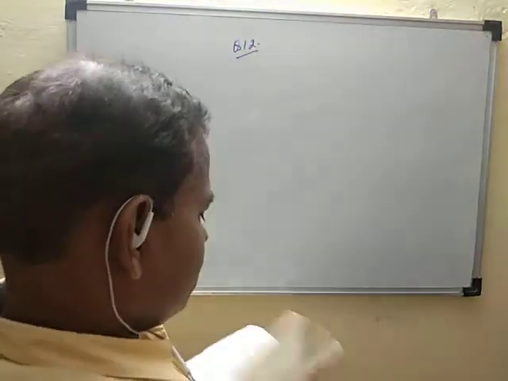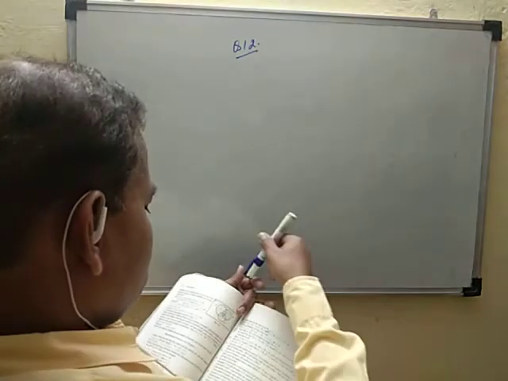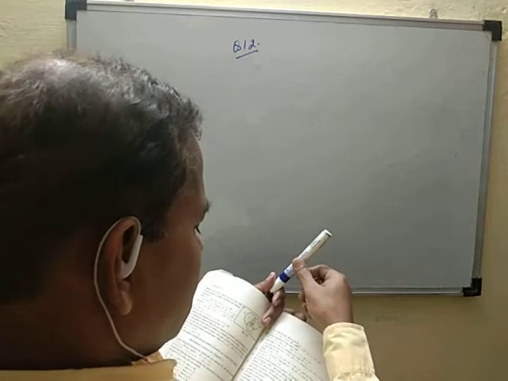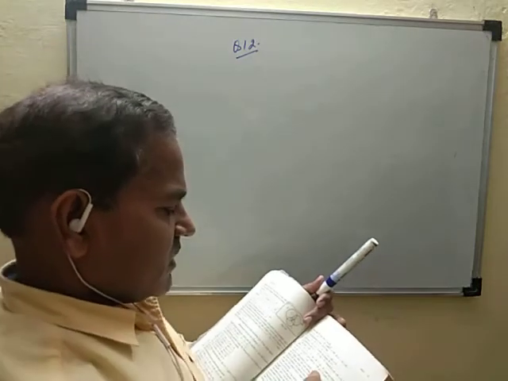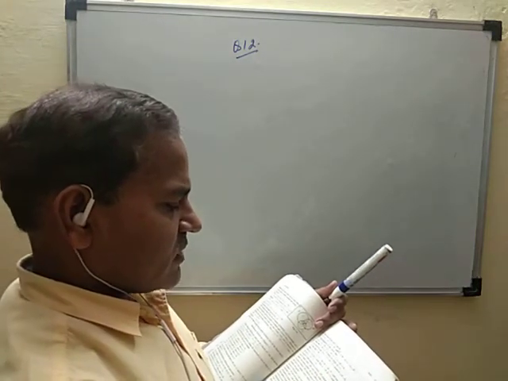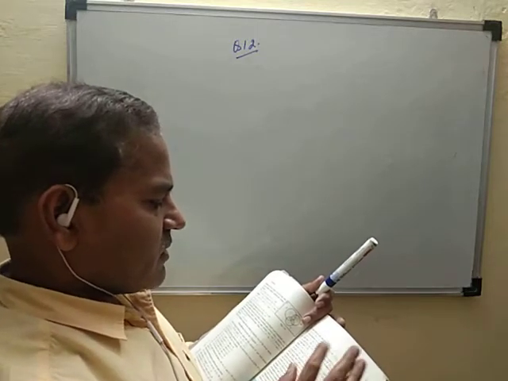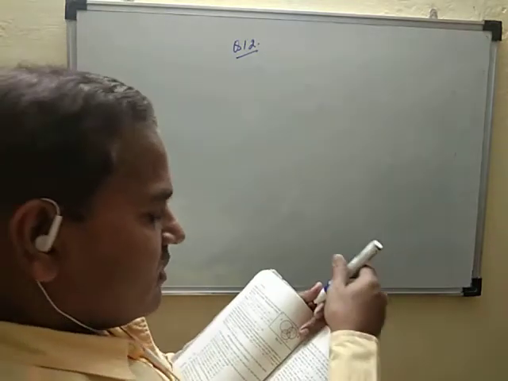Question 12 is: find sets A, B and C such that A intersection B, B intersection C, A intersection C are non-empty, but A intersection B intersection C is phi.